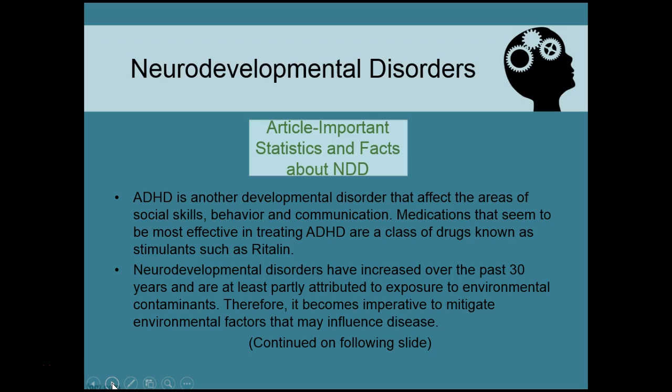Neurodevelopmental disorders have increased over the past 30 years and are at least partly attributed to exposure to environmental contaminants. Therefore, it becomes imperative to mitigate environmental factors that may influence disease.